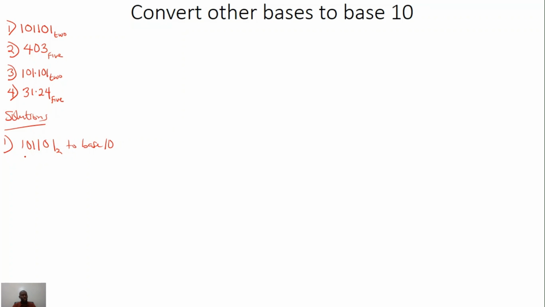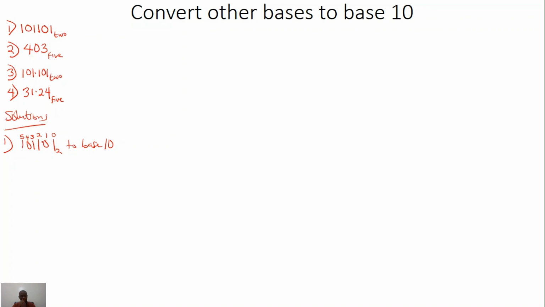First of all, you number each of the digits from 0, starting from right towards the left. 0, 1, 2, 3, 4, 5. That is step number 1.